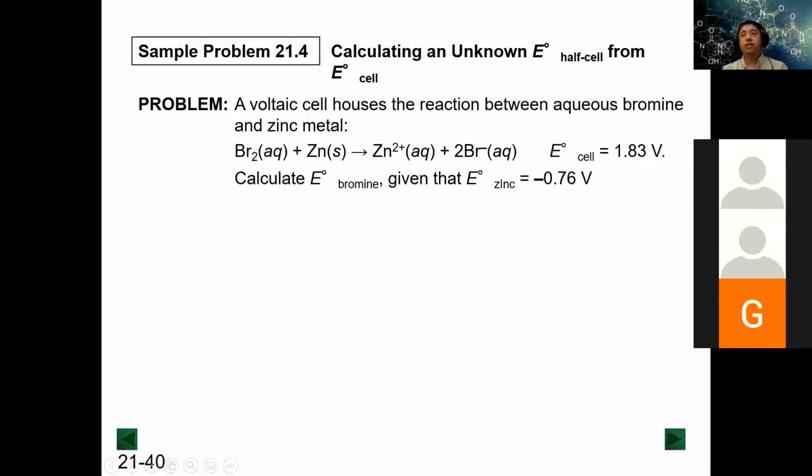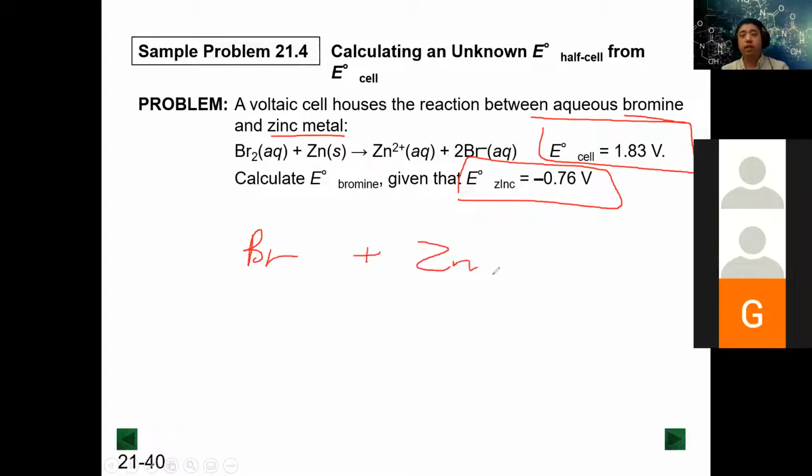With that said, I will do this problem with you so that you have a better understanding. This is the standard reduction potential of zinc. This is the standard cell potential of the two things joined together. I have bromine and zinc joined together. Zinc here has a negative number. I want you to find the charge of bromine. The way that this is set up, I always have my E cell here.